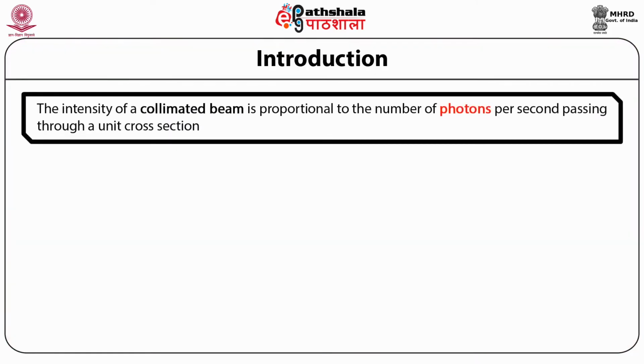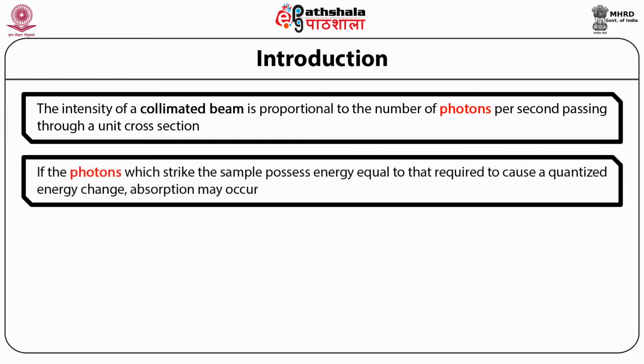The intensity of a collimated beam is proportional to the number of photons per second passing through a unit cross section. If the photons which strike the sample possess energy equal to that required to cause a quantized energy change, absorption may occur.